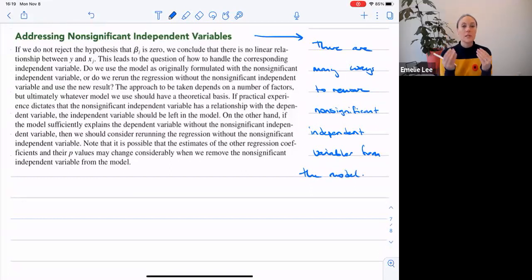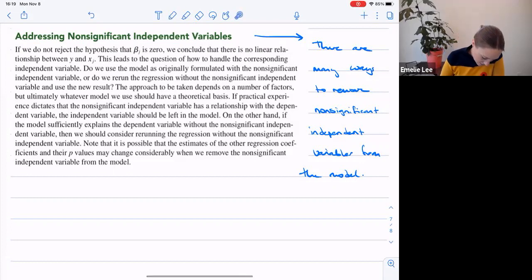Okay. Typically, what we do is we bump it down and make it the last independent variable. And then if it's still insignificant, then we can remove it. There's like a process there.